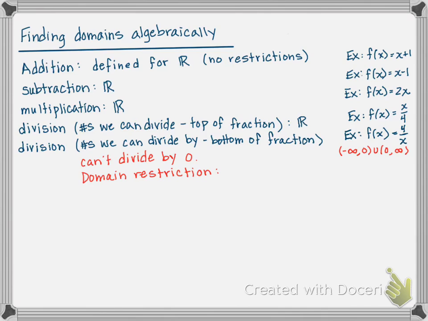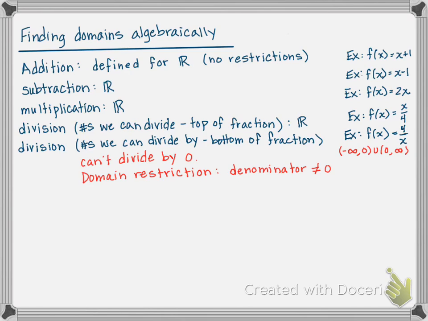However, that's not always the case because my denominator isn't always x. So the domain restriction is found by finding the values that make the denominator 0.